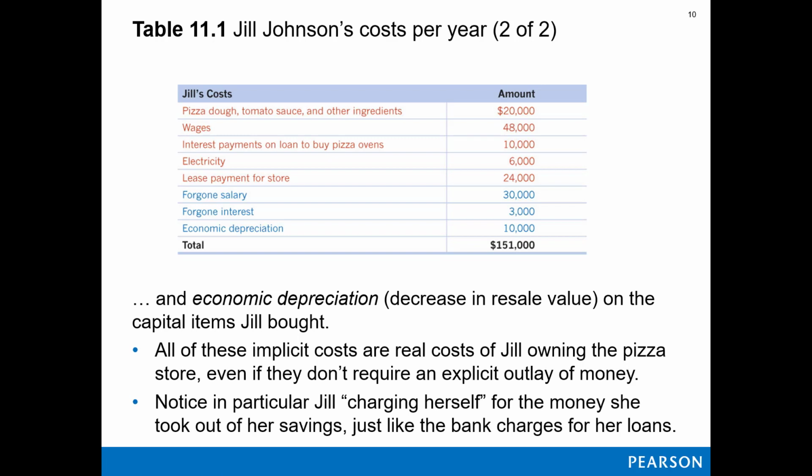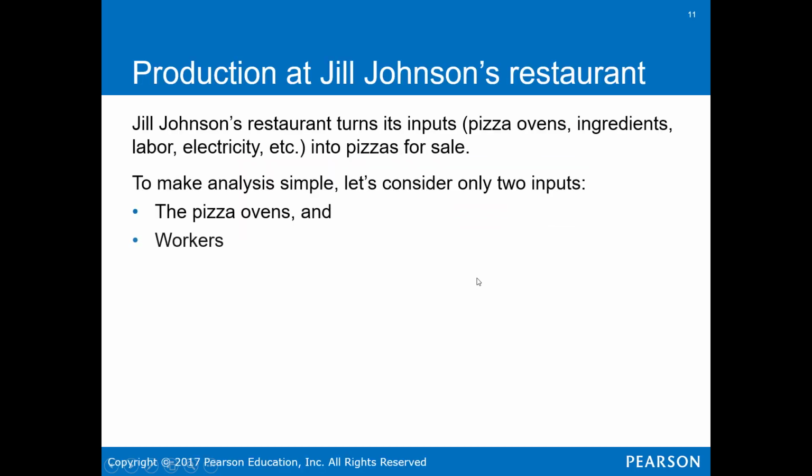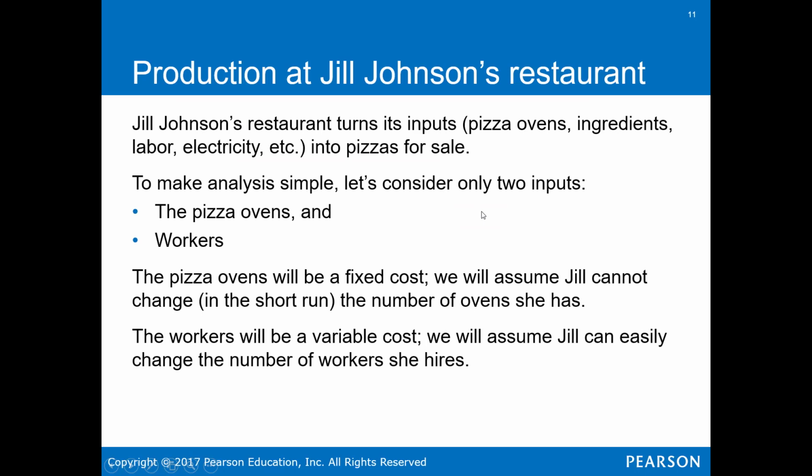All of these implicit costs are real costs of Jill owning the pizza store, even if they don't require an explicit outlay of money. Notice that Jill is charging herself for the money she took out of her savings, just like the bank charges for her loans. So that's why the interest is on there, because she was getting interest in the investment, the $50,000. I'm not sure she's making $3,000, but that's okay.